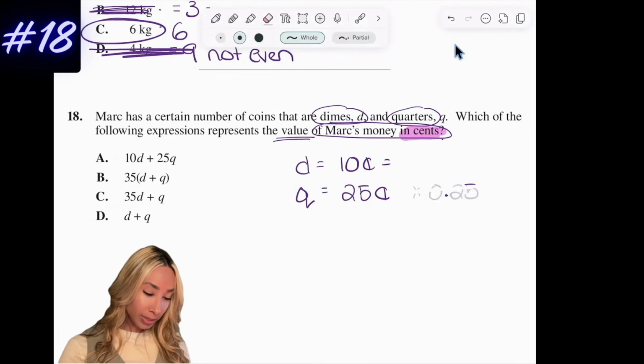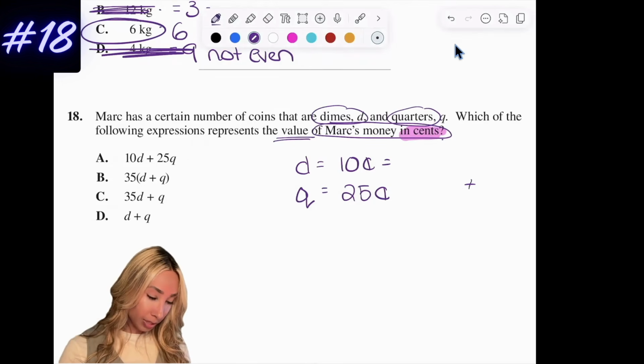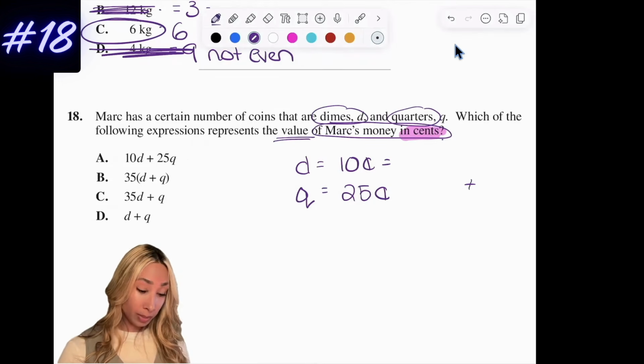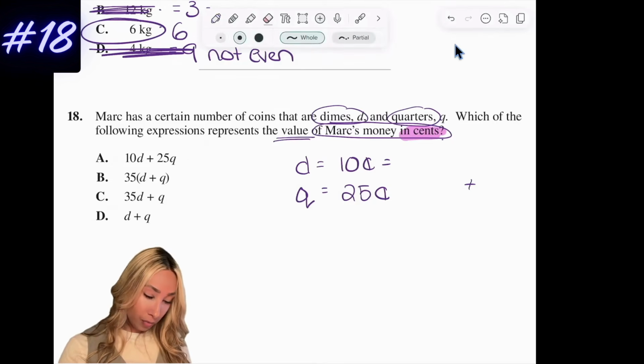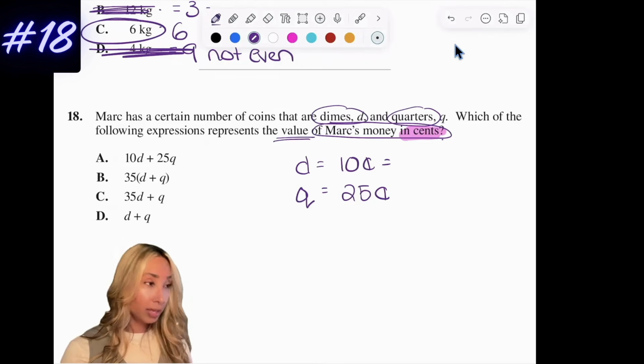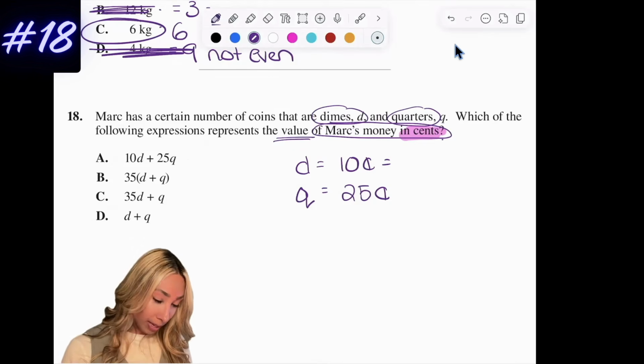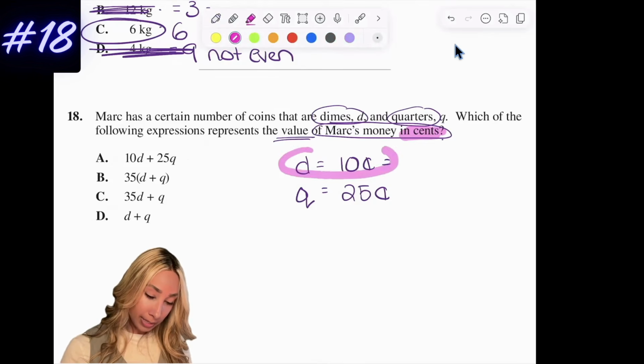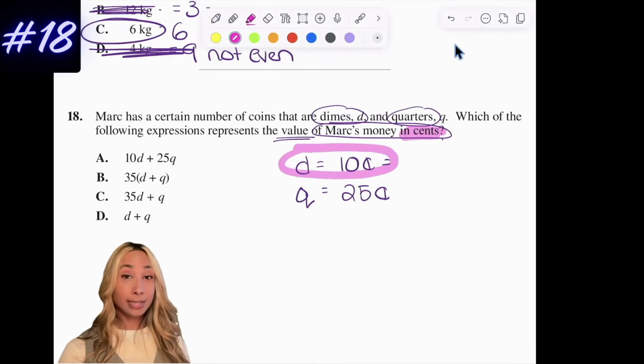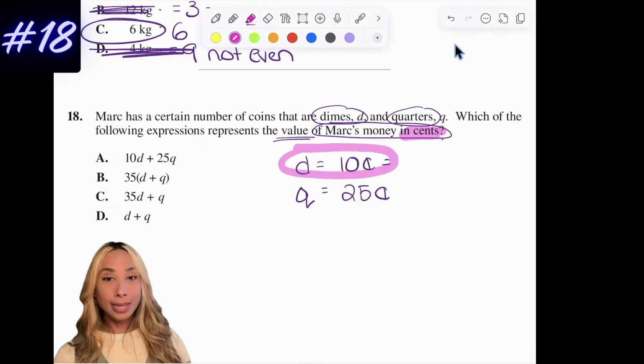So now what they're saying is they have a certain number of coins and which of the following would be that expression. For that, we know we're looking for the 25 and the 10. We're not going to combine them because for each of these values, the 10 cents is connected to the dimes, like each dime is worth 10 cents.